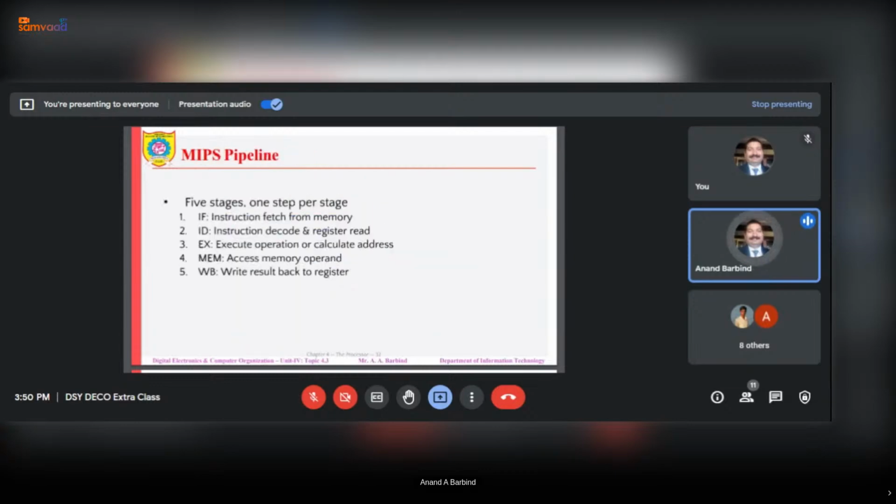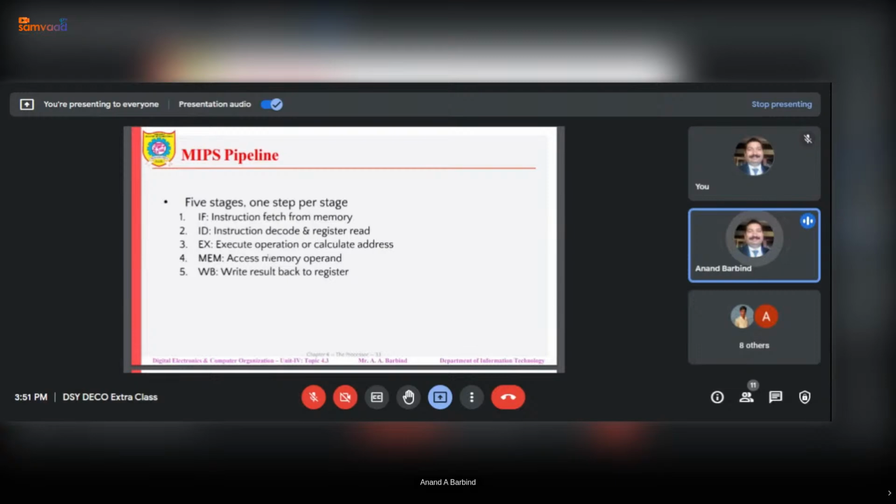In a similar fashion, when instructions are executed, what happens normally, if we don't use pipelining, is that the operation with the instruction can be divided into five different steps. The first step is to fetch the instruction, decode the instruction, or read the register and decode the instruction. Second step, execute the instruction, that is, perform the operation in the ALU.